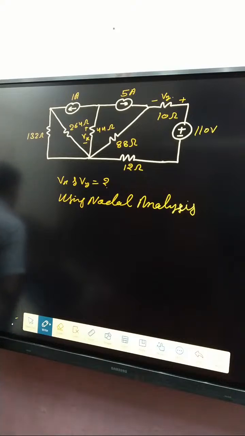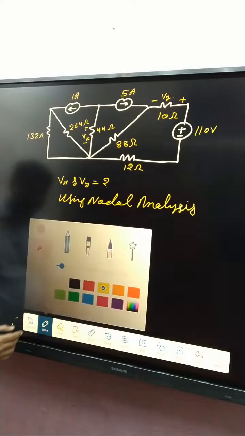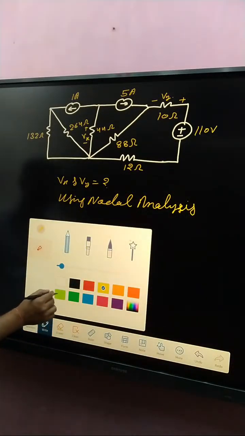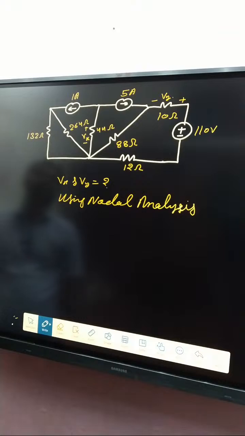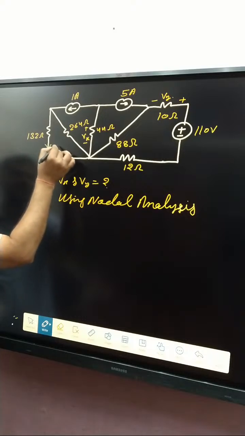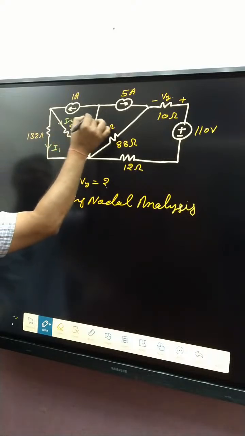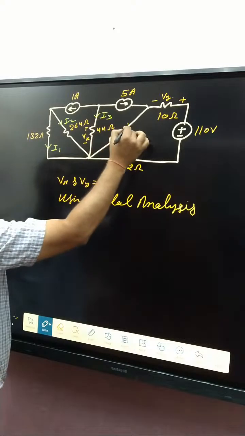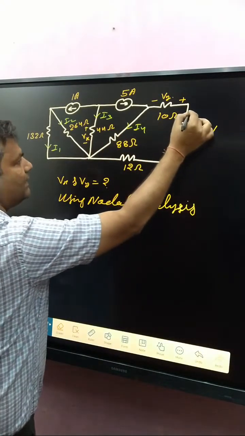Simply using nodal analysis, first of all decide the branch currents. We have considered I1, here I2, I3, I4, I5.